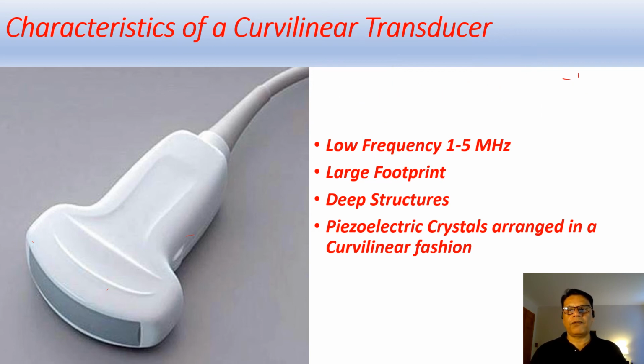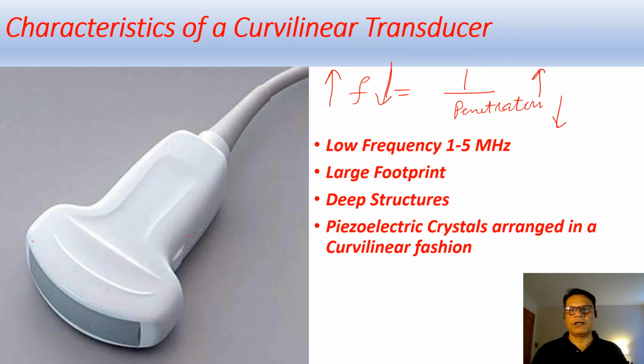And the other relationship that you need to remember is that frequency has an inverse relationship with penetration. If you increase the frequency, penetration will decrease. If you decrease the frequency, penetration will increase.